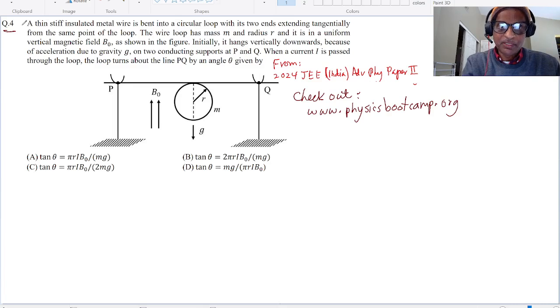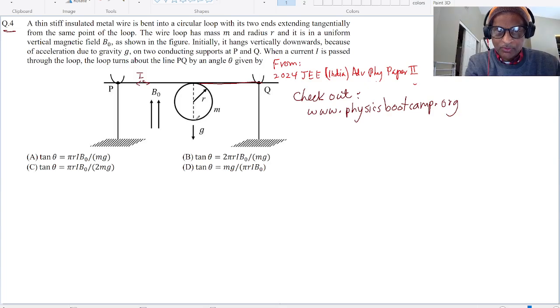So this must be a torsion problem, right? Because look at this, this thing is a wire, and you can say this wire comes like this and goes that way, and can carry current this way or this way. And when you have a magnetic field, if there's a torque on it, it will rotate the loop.